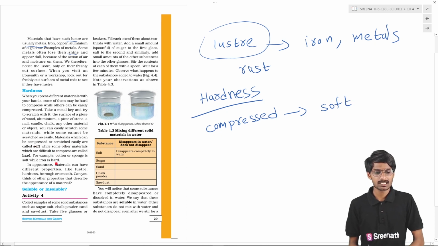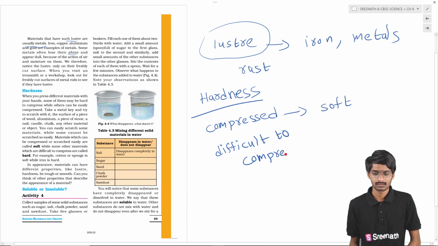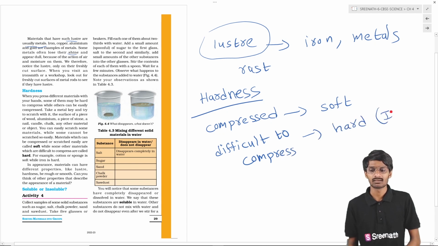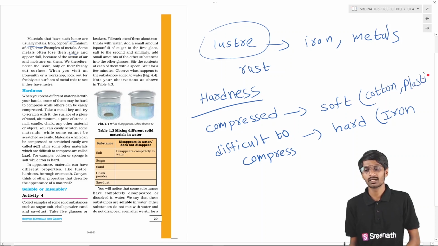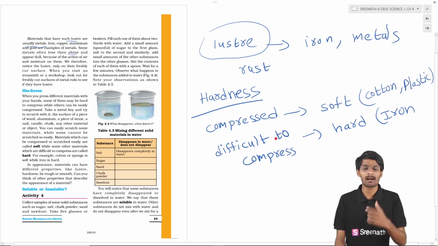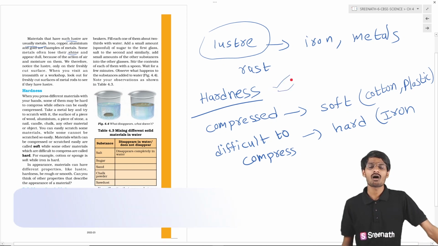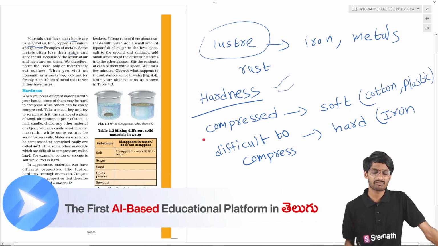The materials difficult to compress are called hard. For example, iron. We can't compress iron with your hand, students. Examples of soft materials are cotton or plastic, which we can compress. So this is about hardness, students. This is also one of the properties.